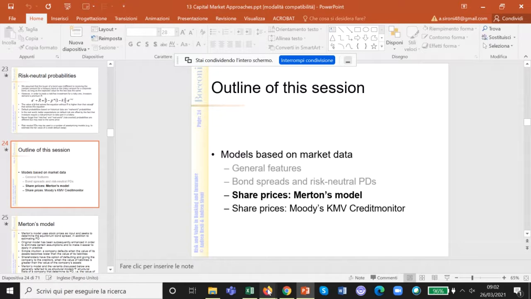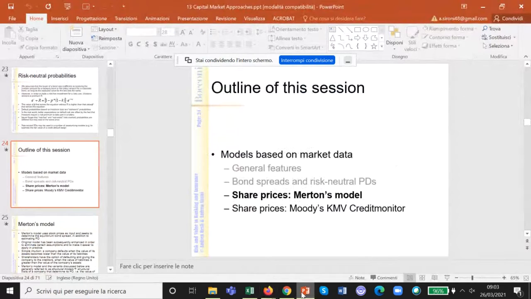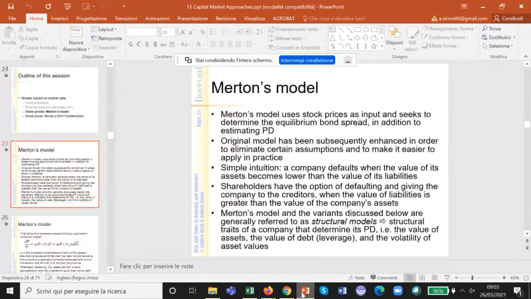Okay, so if there are no additional questions, we now move to the second part, which is the one based on, if you want, equity prices. And before looking at some examples, we'll take a quick look at the Merton model that you may have already analyzed in other courses, and what is the logic behind this model.